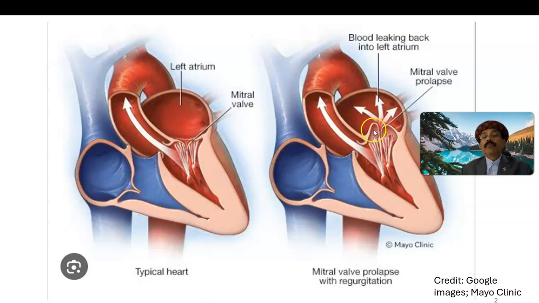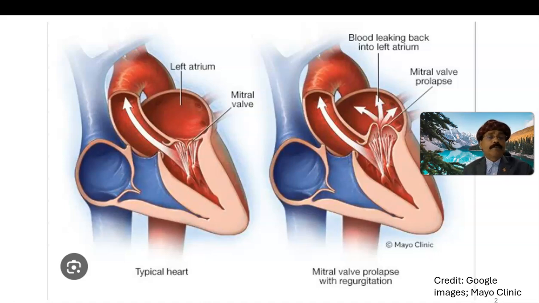During systole, the mitral valve should close and the aortic valve should open, but due to prolapse the leaflets of the mitral valve will not be closed, rather they will be open. So blood is going through normal passages, and also some blood is going to the left atrium, which is abnormal.